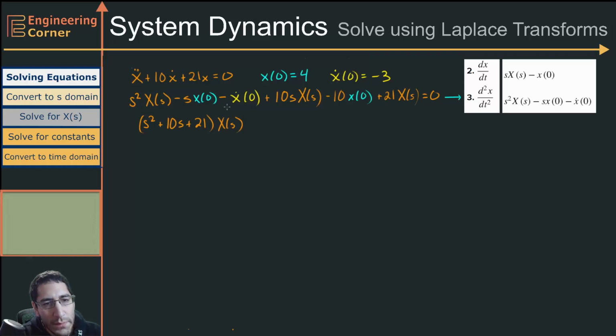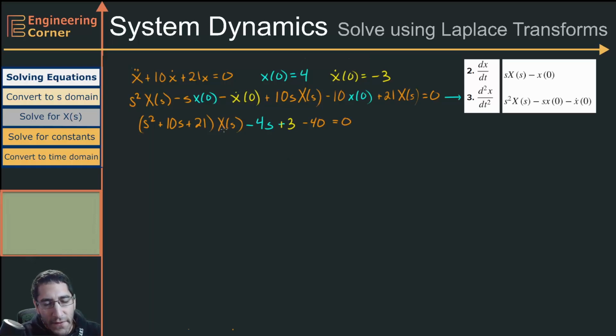Next, let's put in our initial conditions. So this is going to be minus 4s, that's this term right here, with our initial condition x of 0 is equal to 4. Now we're going to have minus a minus 3, so plus 3, that's this initial condition. And then finally, we're going to have a minus 10 times 4, so minus 40, is equal to 0.